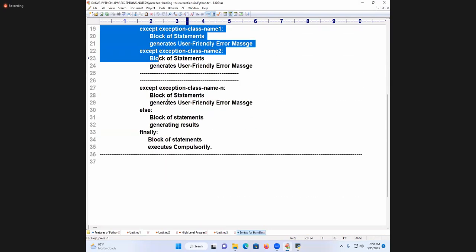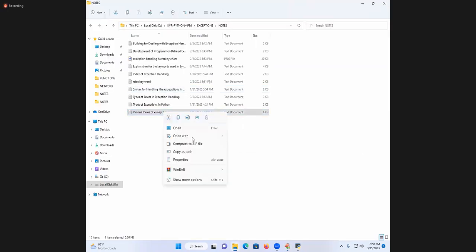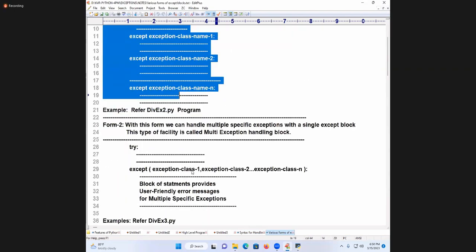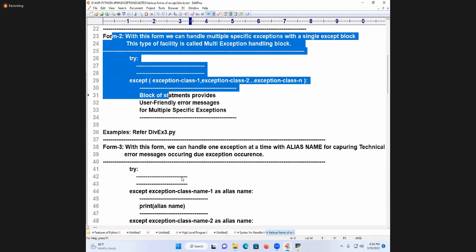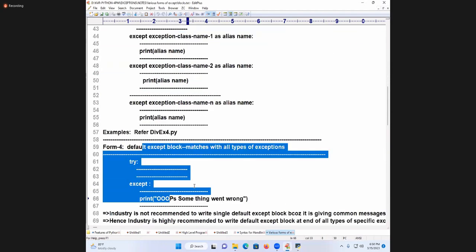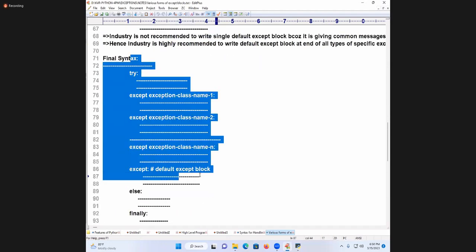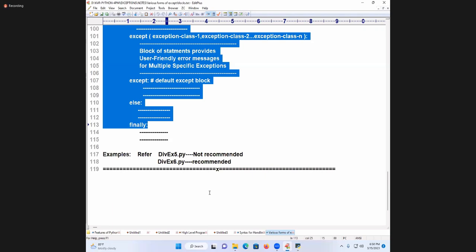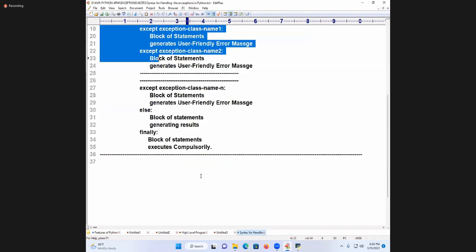Form 1 syntax, Form 2 syntax, Form 3 syntax, Form 4 syntax, and there are 2 final syntaxes used in real time. All those things we will discuss. Understand, students? So I'm going to conclude my sentences.